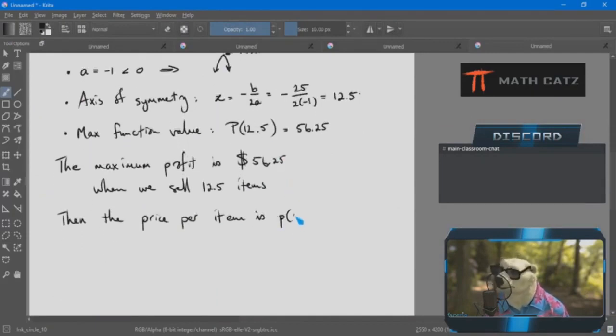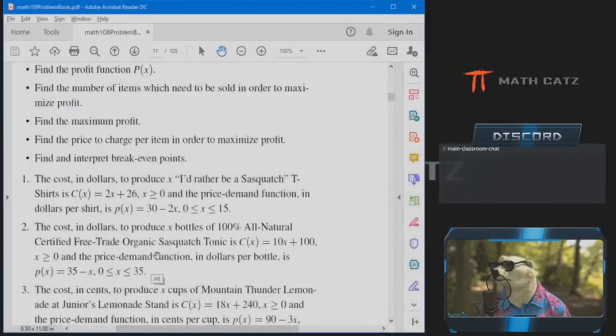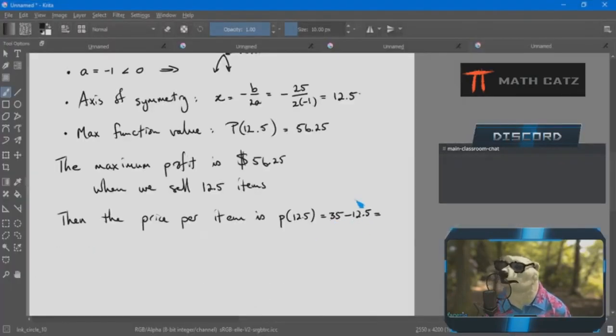Little p at 12.5, 35 minus 12.5 would be the price. It doesn't matter how simple the function is, right? It's whatever the function says it should be. It's not 35 items minus 12 items.